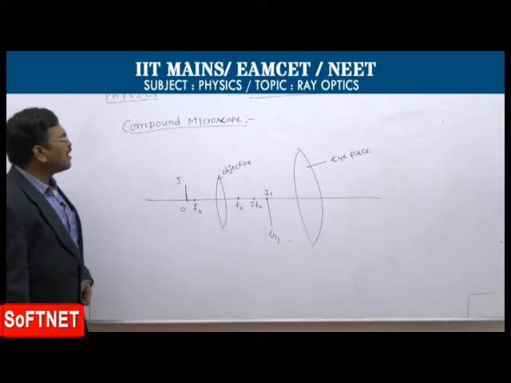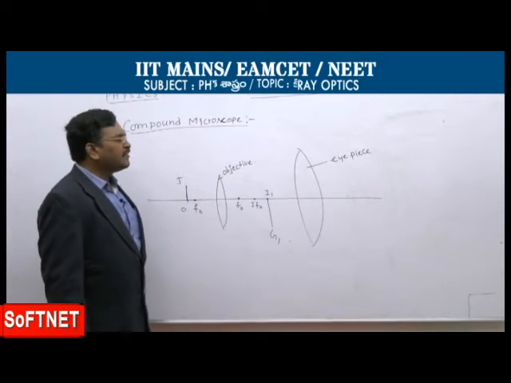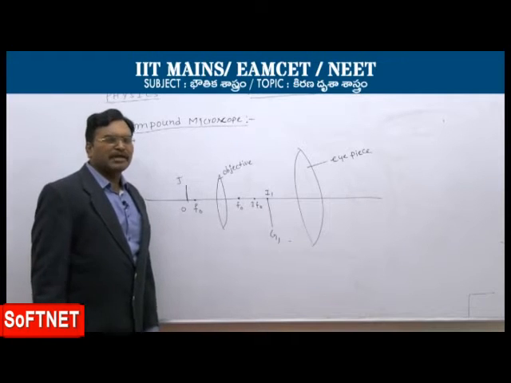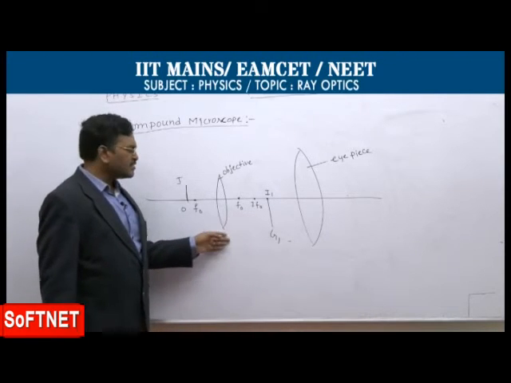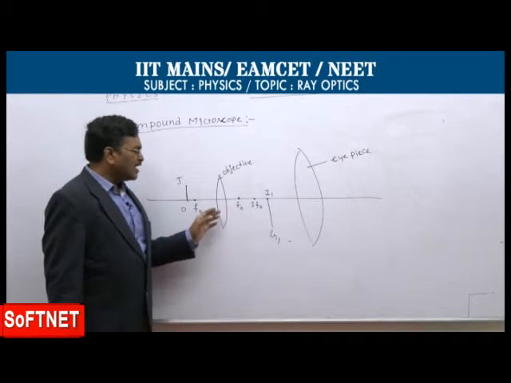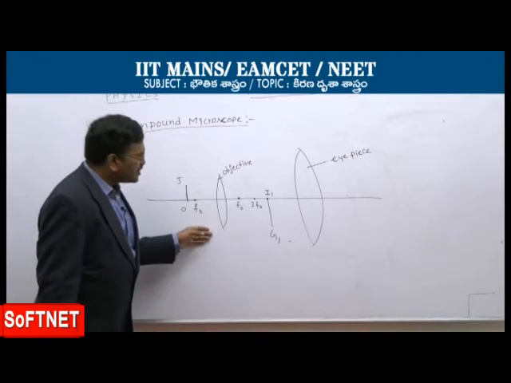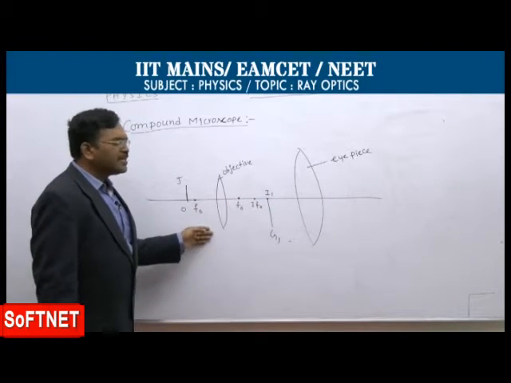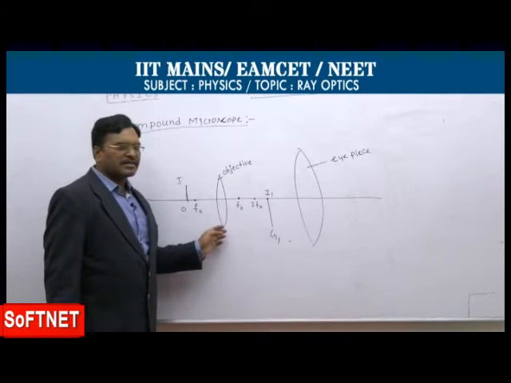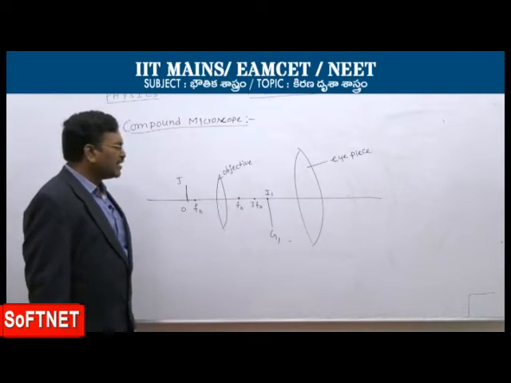When we require more magnification, we use a compound microscope. It consists of two convex lenses, two converging lenses. One lens is kept towards the object, called the objective. The other lens towards the eye is called the eyepiece. The objective has less focal length and less aperture, and the eyepiece has more aperture and more focal length.